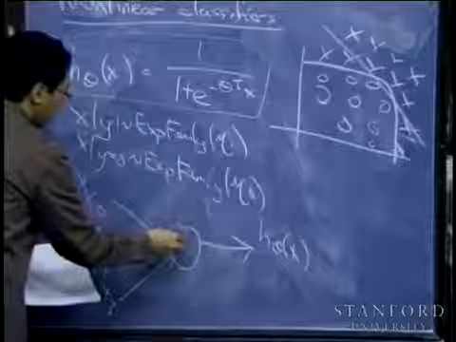Okay? So if theta transpose x is much greater than 0, where the double greater than sign means much greater than, then we think of that as a very confident prediction that y is equal to 1.